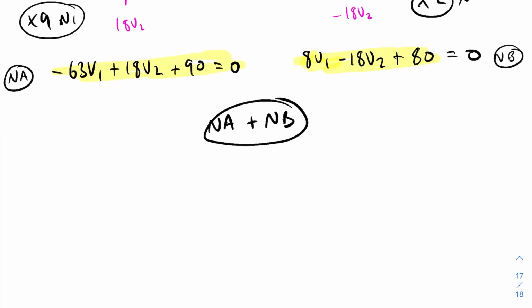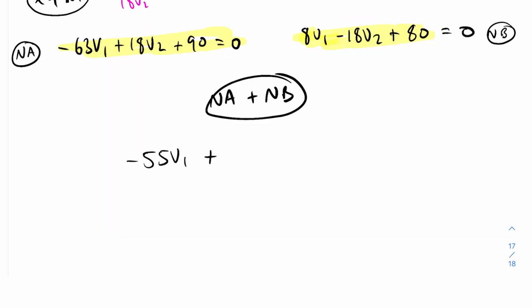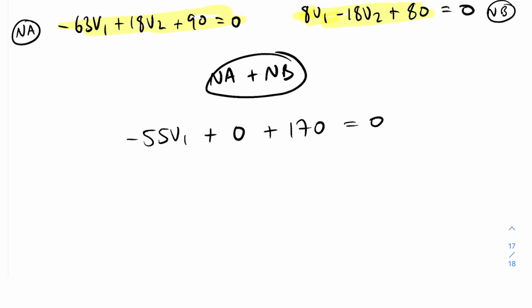So minus 63 V1 plus 8 V1 is minus 55 V1, and then plus 18 V2 minus 18 V2 is equal to 0, right? So plus 0, and then plus 90 plus 80. So 90 plus 80 is 170, right? And that's equal to 0.